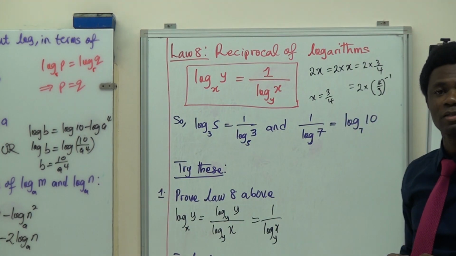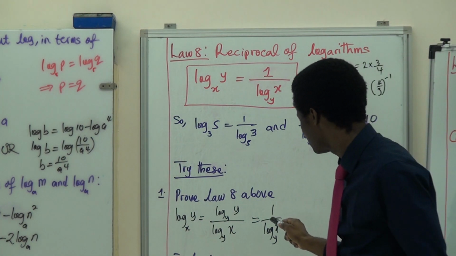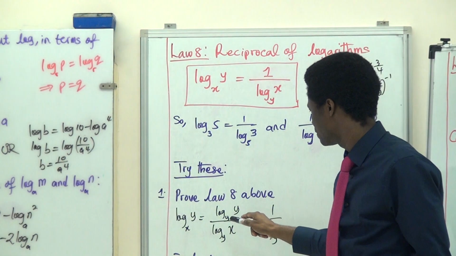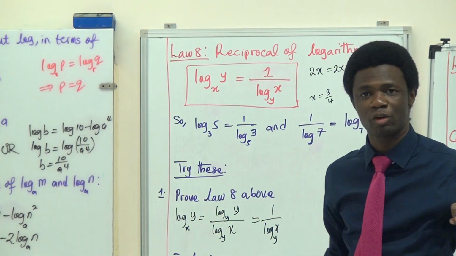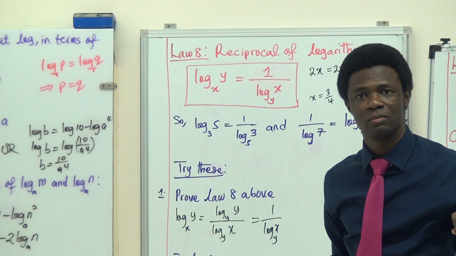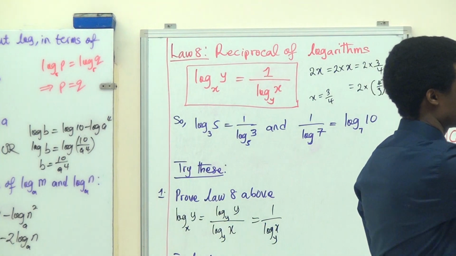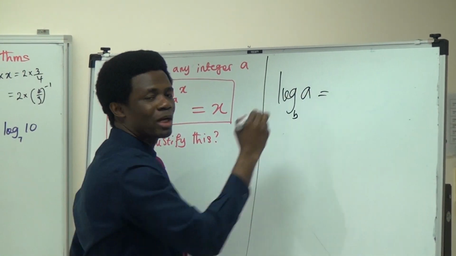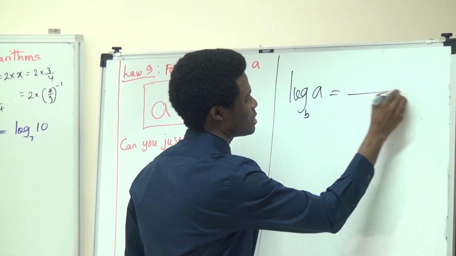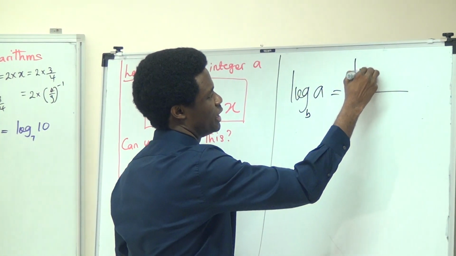Yeah, Mr. Daniel, I think I'm missing something. How can you swap, like, how can you go from log base x? Okay, remember change of base from last lesson. There's something we learned last time, that if you have log a base b, you can change it to base x and write like this. So I told you the first thing is, write it as a fraction in the new base.